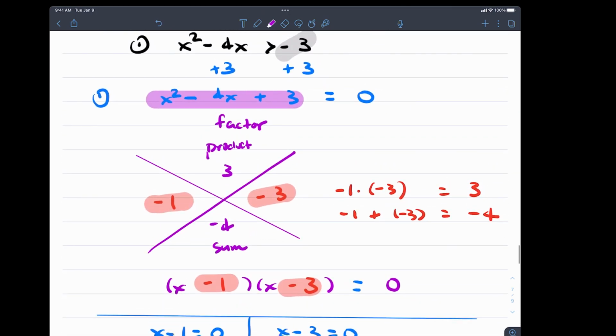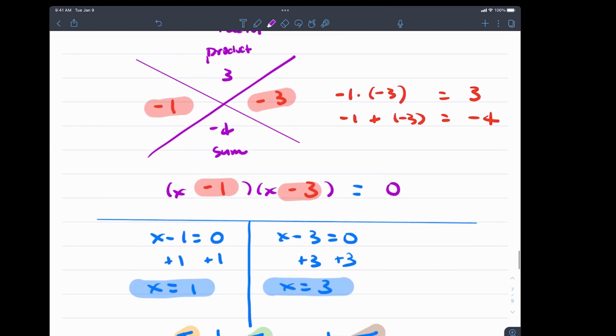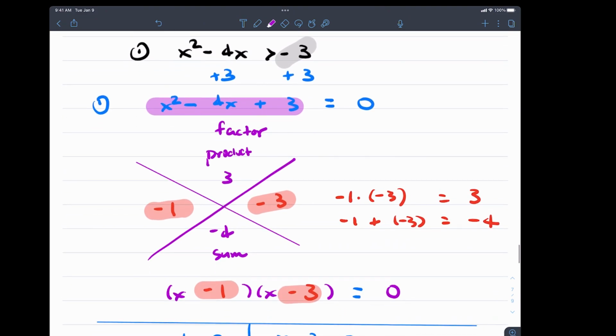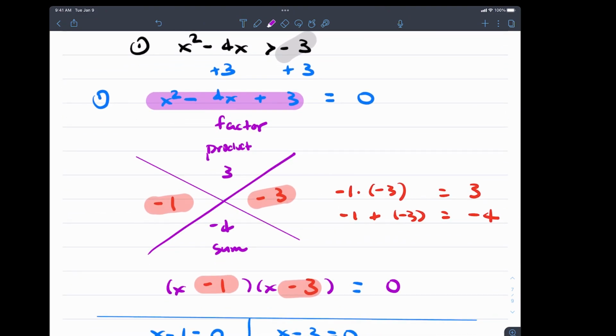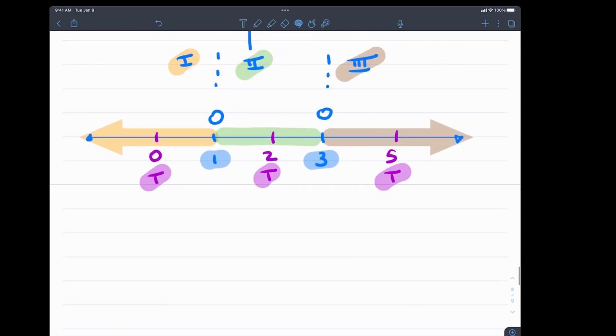So go back and remember what I said. The reason you want to factor is that the real question becomes, where is that product going to be positive? So I'm going to get this factored version here. I prefer the factored version always. Okay, we're going to have to plug in now the test points.